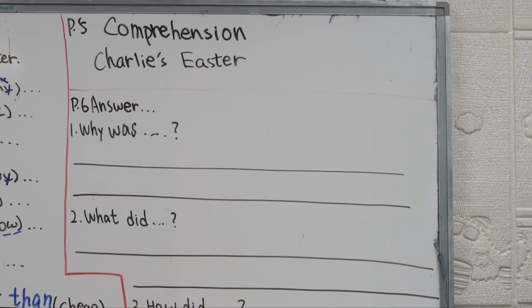Next paragraph. Every year on Easter Sunday, Charlie and his parents have a big Easter party at their house. They invite their relatives and friends. After they eat lunch, they have an Easter egg hunt.